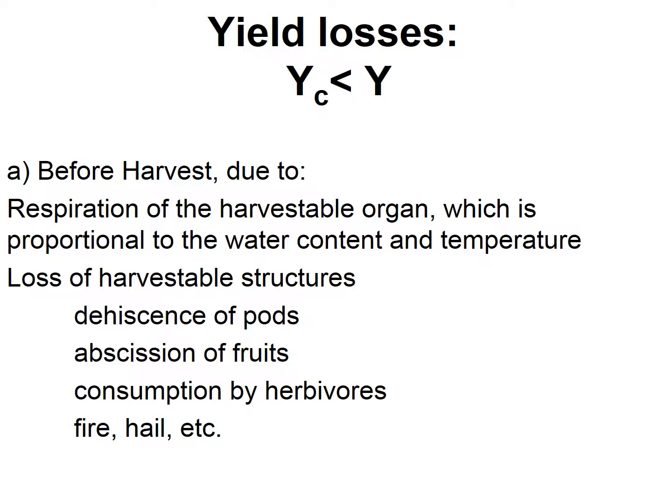This is due to losses, and those losses might occur before harvest due to respiration of the harvestable organ, which is proportional to the water content and temperature of the organ, or to the loss of harvestable structures due to the dehiscence of pods, abscission of fruits, consumption by herbivores, or the occurrence of accidents like fire, hail, etc.